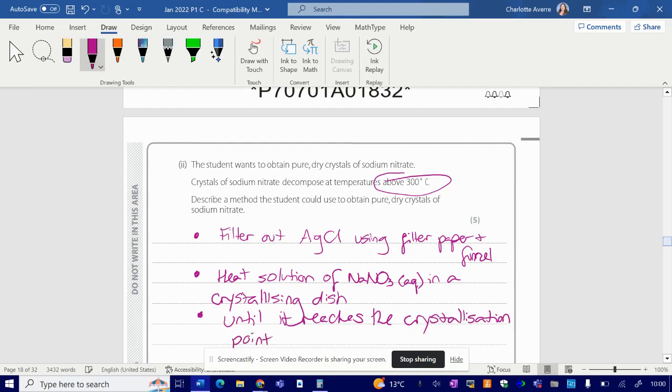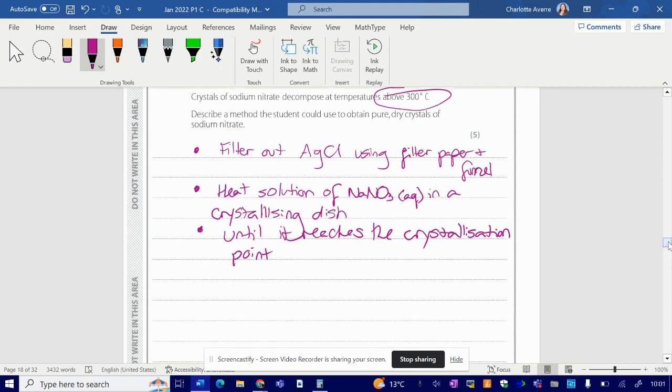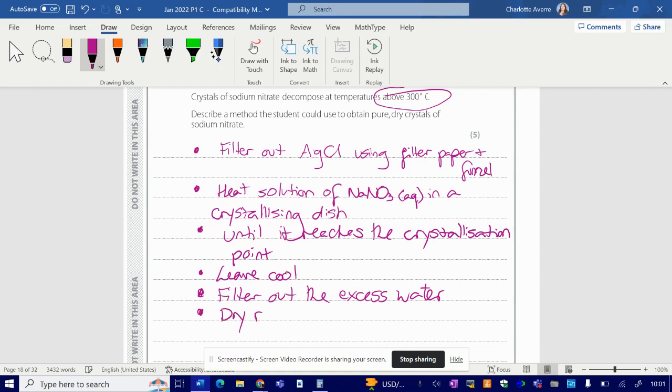Okay, so I've already got 3 points there. Okay, once it reaches the crystallization point, I'm going to leave it to cool and the crystals will start to form. I am going to filter out the excess water, and I am then going to dry my crystals.